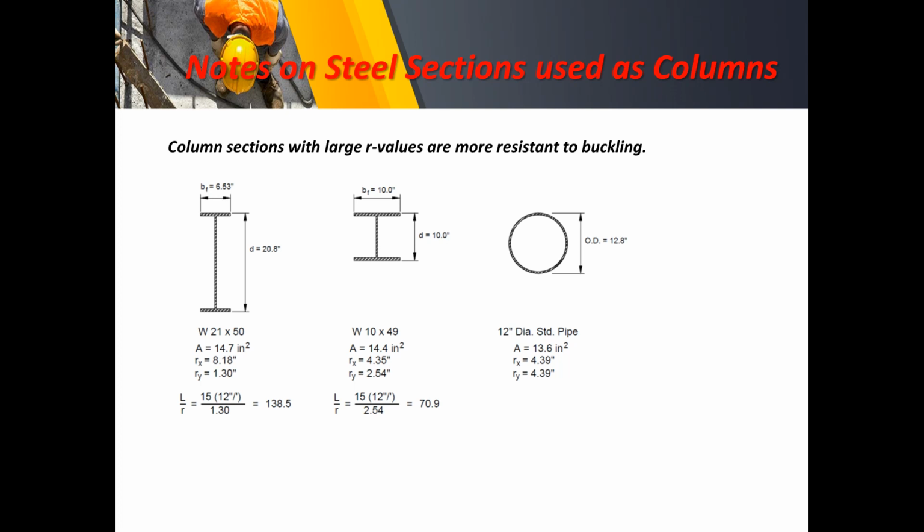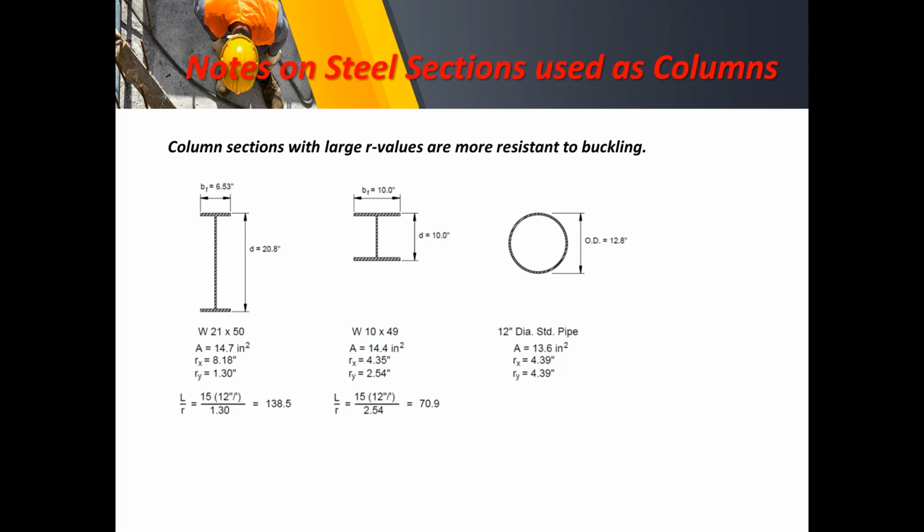Now, you might ask why it is that we are going to choose the lesser value of the radius of gyration. Because of course the critical slenderness ratio will be the greater value between the two computed slenderness ratios using the X and Y axis.